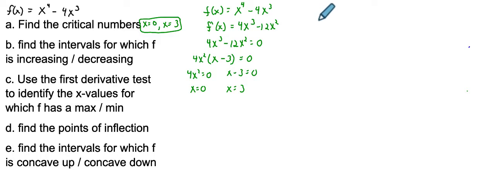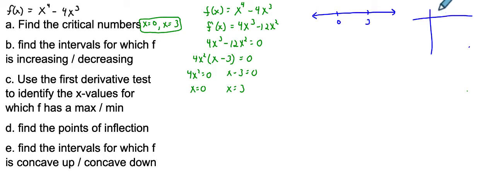To do this, I need to look at my sign chart. So I'm going to construct a sign diagram and put my critical values on here in increasing order. So I have 0 and I have 3. I'm going to make a table of values, looking at my x values and at increasing or decreasing.